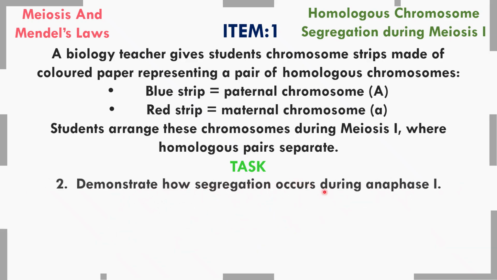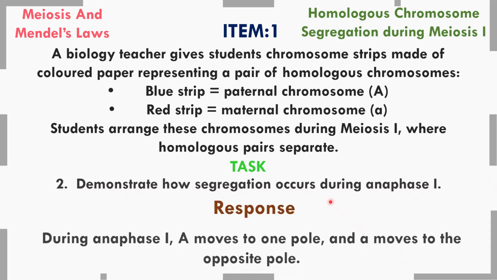Demonstrate how segregation occurs during anaphase 1. During anaphase 1, A moves to one pole and small a moves to the opposite pole.